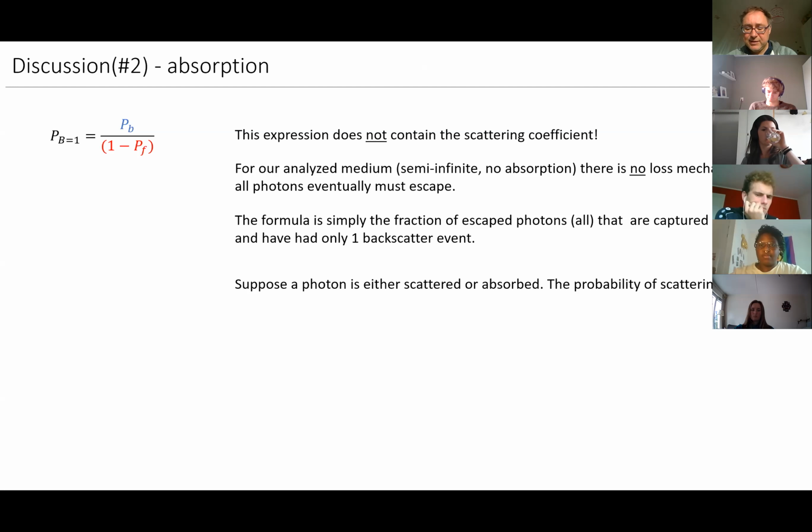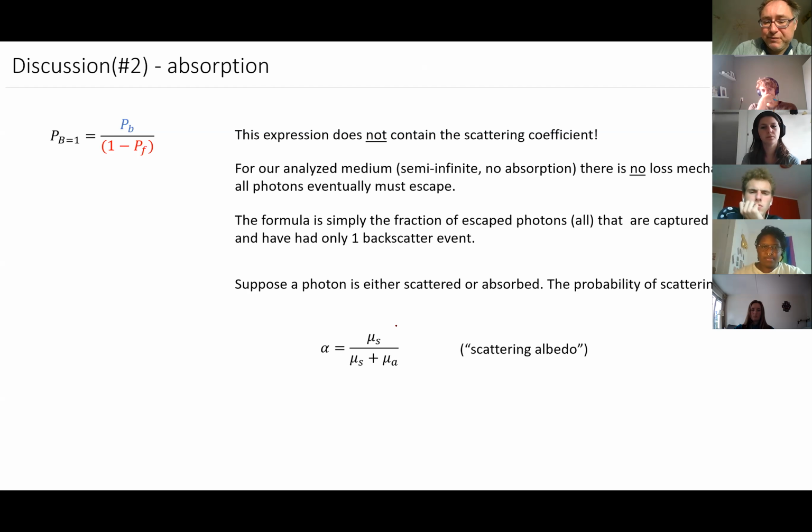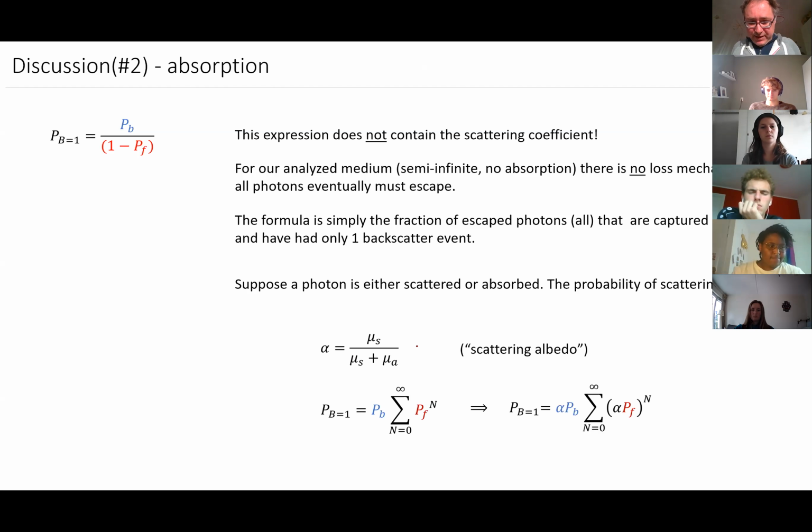Then the probability that it is a scattering event is given by the ratio of the probability of a scattering event divided by the probability of both of them. So if there is an interaction, then this alpha, this so-called albedo, tells us what the probability is that it is actually scattering that occurs, and not absorption. So we can include that as well in the same way.